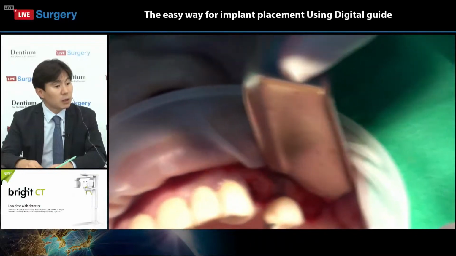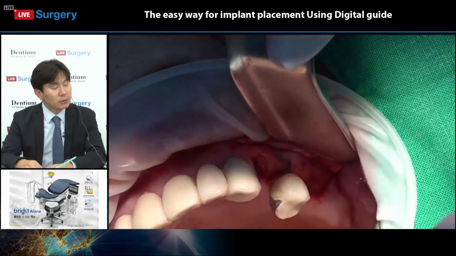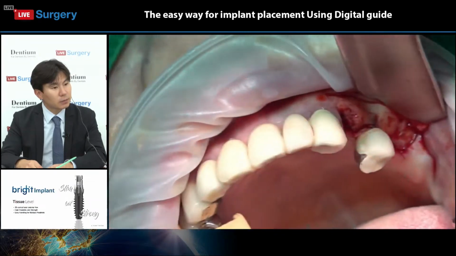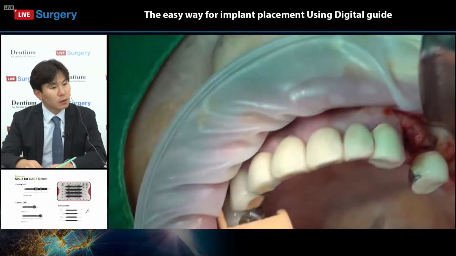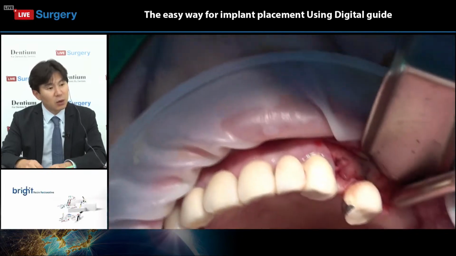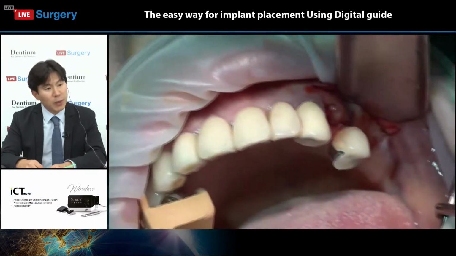You can see some bone irregularity on the 26 area. But as we already saw on the CBCT, the width of the bone looks not bad.